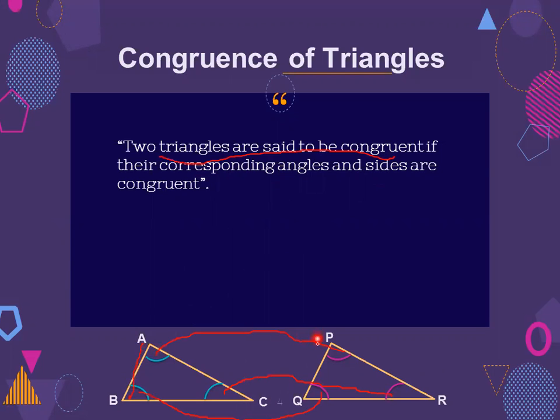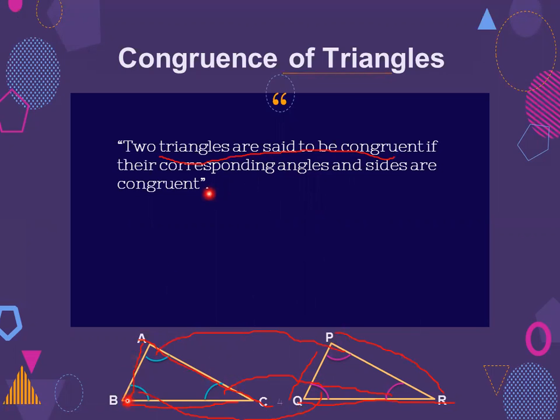AB and PQ are corresponding to each other, BC and QR are corresponding to each other, and similarly AC and PR are corresponding to each other.